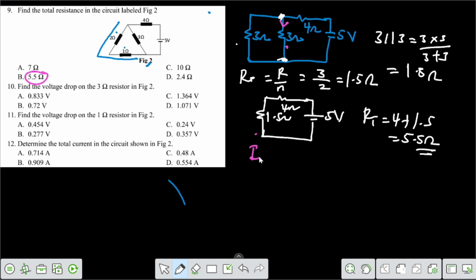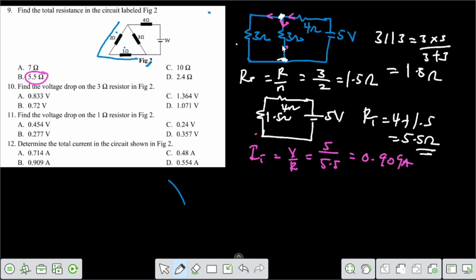The total current is the total voltage divided by the total resistance. The total voltage is 5 and the total resistance is 5.5, which gives us 0.909 amps in the circuit. When this 0.909 comes here, it's going to share between this and that.